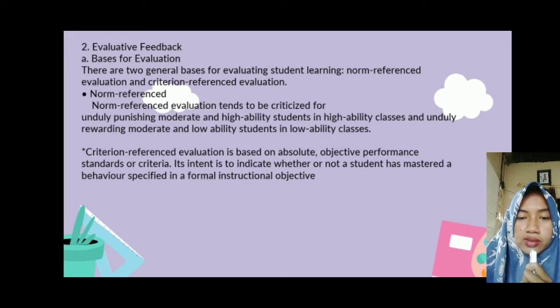And the second one is criterion reference evaluation. It is based on an absolute objective performance standard or criteria. Its intent is to indicate whether or not a student has mastered a behavior specified in a formal instructional objective.